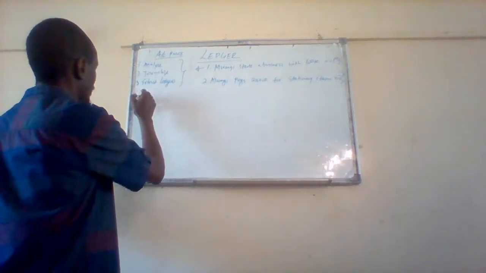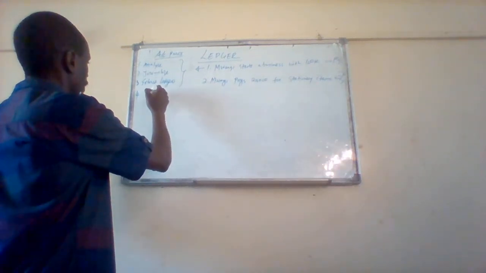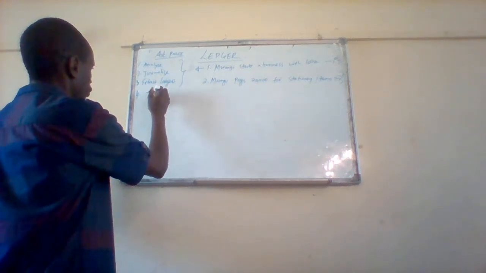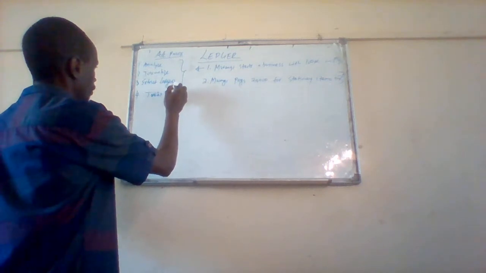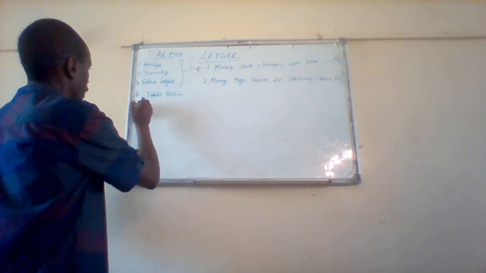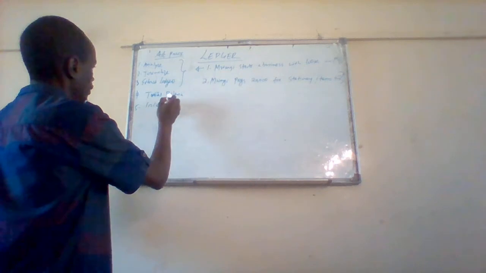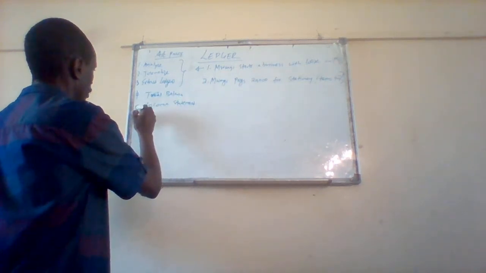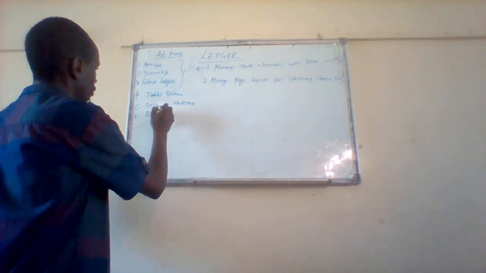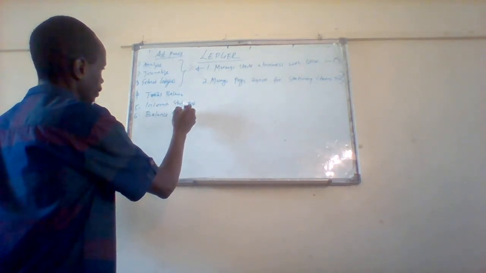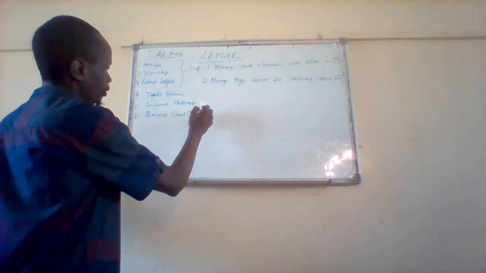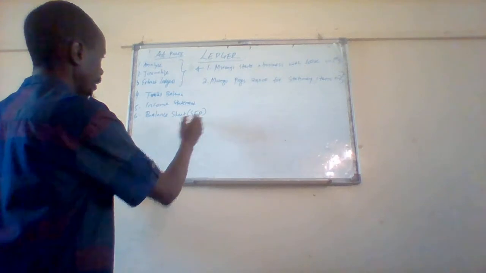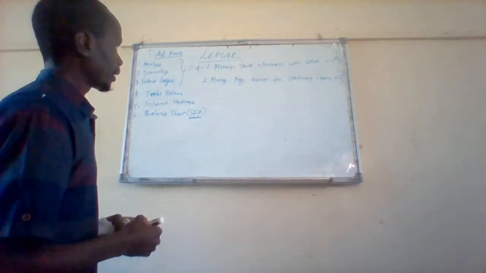We will have others, like now we will have the trial balance. And then we will have income statement, and then we will have balance sheet or statement of financial position. This statement of financial position is the correct terminology nowadays. Balance sheet is a bygone era.